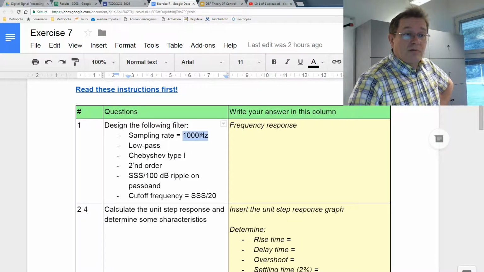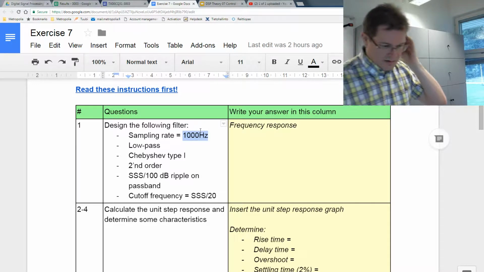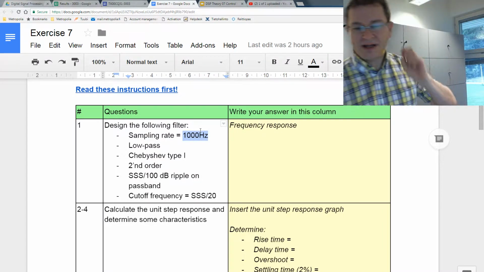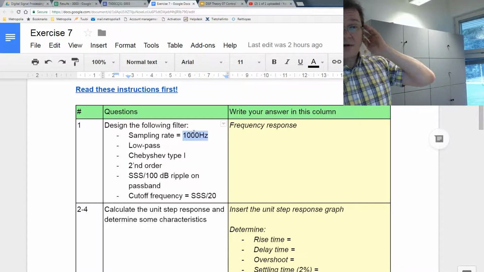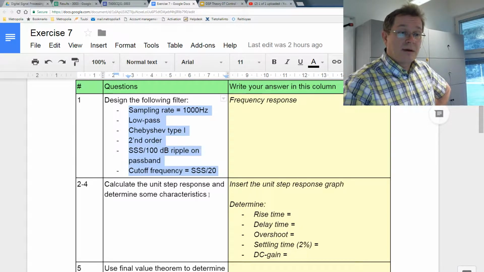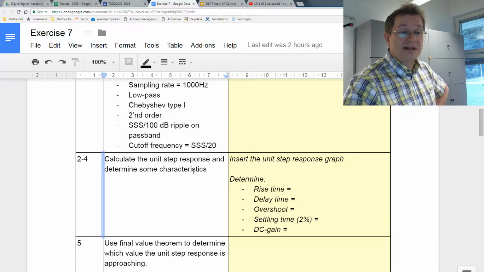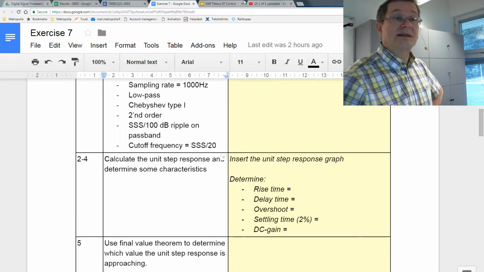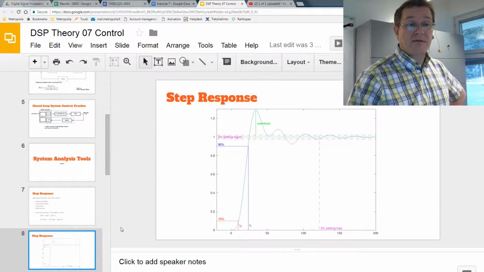Although this is already quite fast sampling rate for say bigger systems, depending on the application, of course, it could be a sampling rate for some system, and basically this is just to get some transfer function to play with, or some system to play with, and basically to find out the unit step response and the characteristics, which were on this graph.